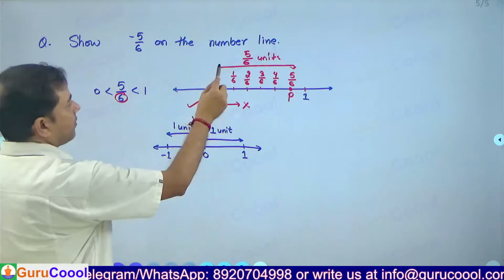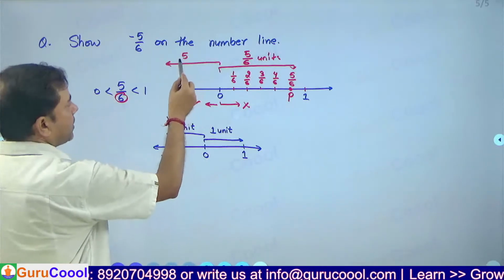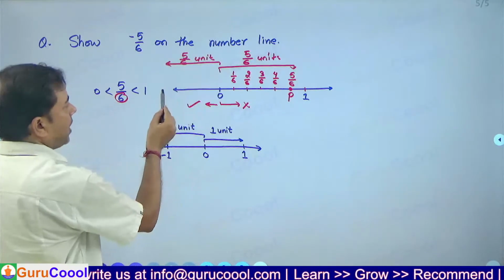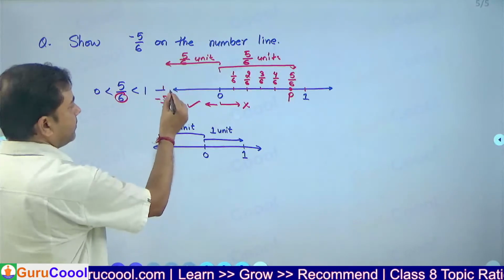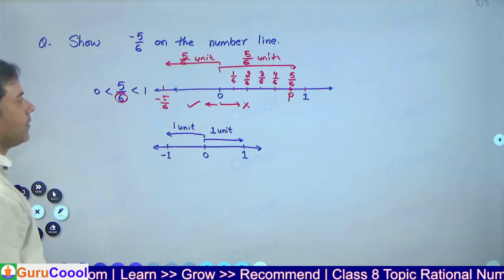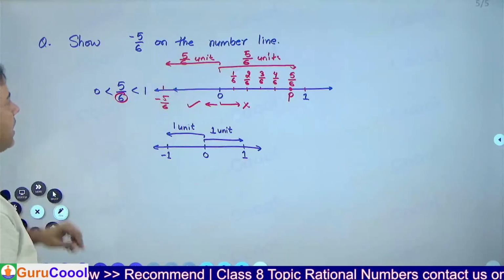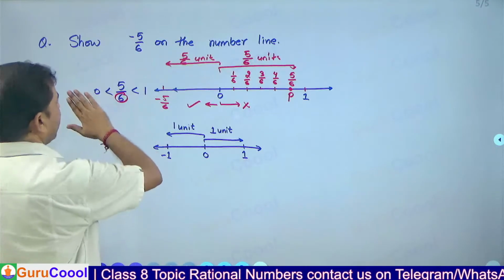You have to travel the same distance on the left side, 5/6 units, and you will reach at -5/6 on the number line. Simple idea. Okay, this was the idea to understand. This is not the answer because this is positive. We have to show negative.